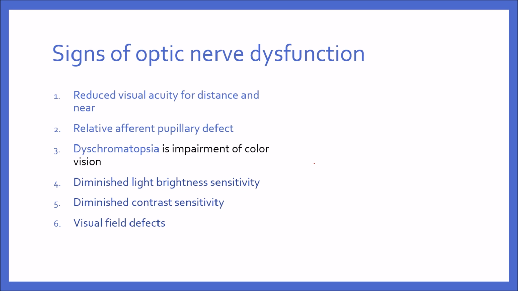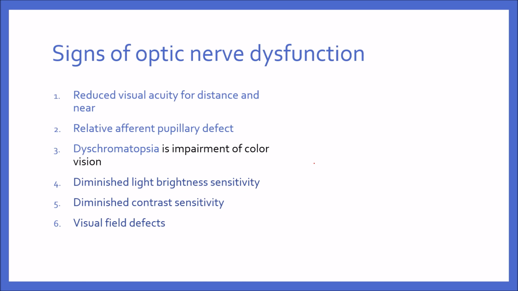Visual field defects, which vary with the underlying pathology, include diffuse depression of central visual fields, central scotoma, centrocecal scotomas, nerve fiber bundle, and altitudinal. One thing that should be kept in mind is the diminished light brightness sensitivity persists after the visual acuity returns to normal in most of the cases, for instance following the acute stage of optic neuritis.